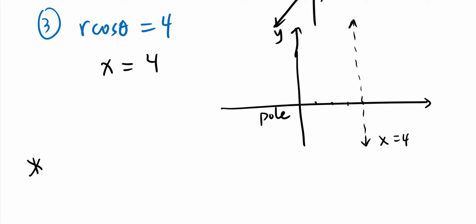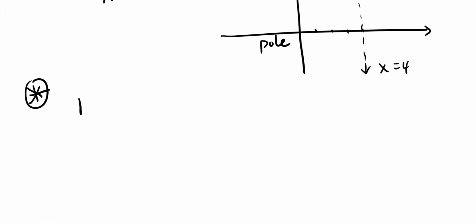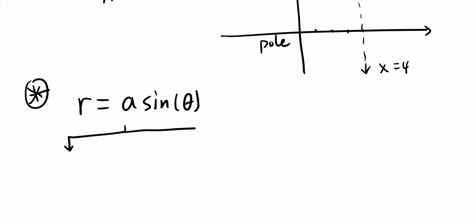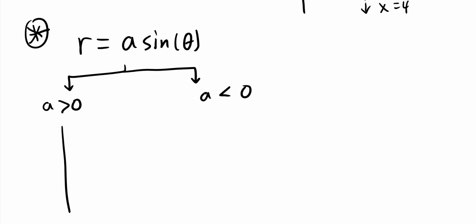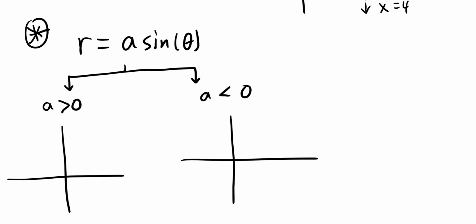Now we introduce more graphs. We're going to look at those that come in the form r equals a sine theta. Now what is a? a is a constant, it's a number. It could be positive or negative. If a is positive, what's going to happen? And if a is negative, how is the graph going to look? For the first one, a is positive, the graph will always fall above the polar axis.